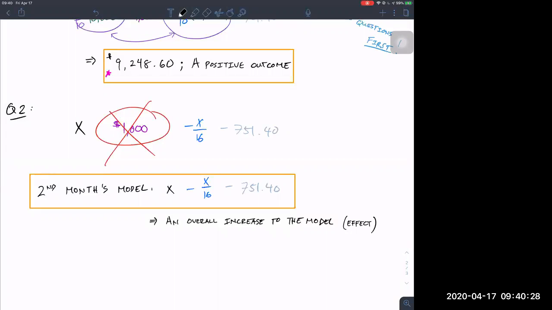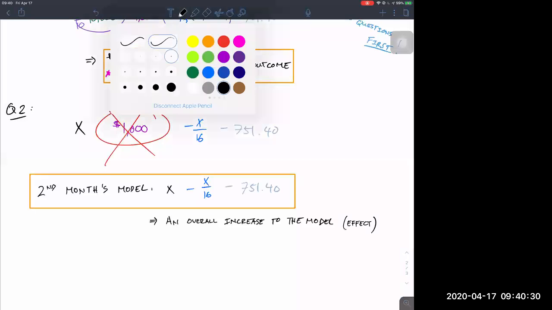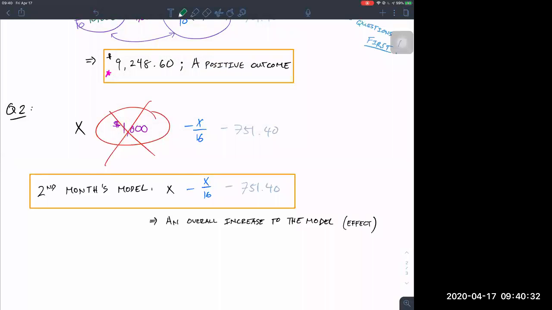So what's the effect? If you assume that numbers stay the same, this is now x over 16 instead of x over 10. So what does that mean? Obviously, I said it right here, but just to drive that point home, the payroll decrease means you cut salaries, right?